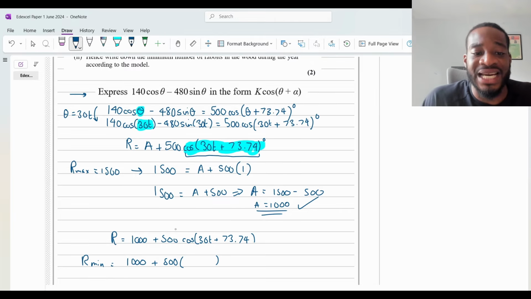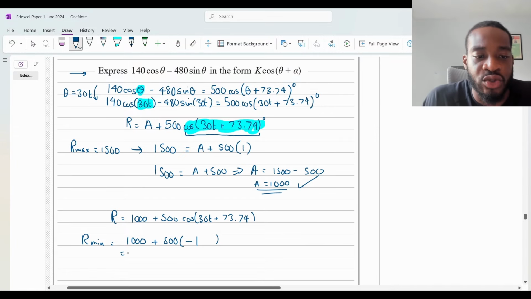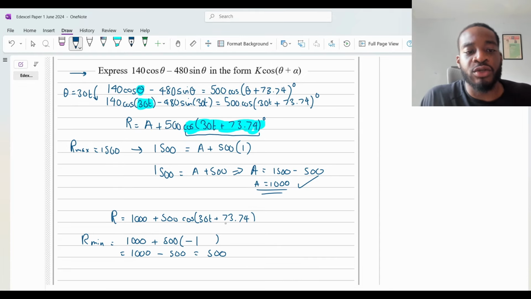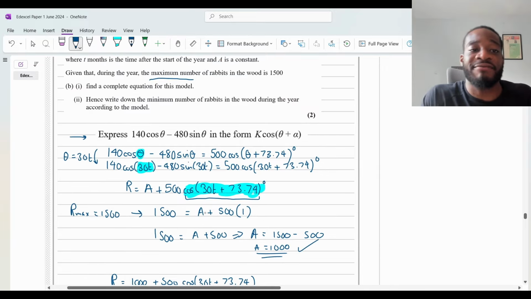It's at its minimum when it's minus 1. So you just put a minus 1 there, which would mean it's equal to 1000 minus 500, which is 500. So therefore, the minimum number of rabbits is 500 rabbits. And that is part B.